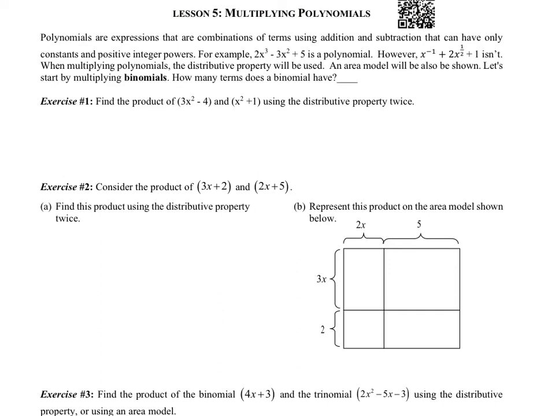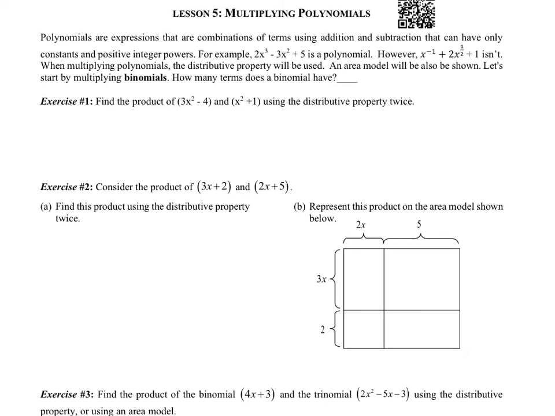So if we now look at our notes for Lesson 5, multiplying polynomials. Polynomials are expressions that are combinations of terms using addition and subtraction that can only have constants and positive integer powers. For example, 2x cubed minus 3x squared plus 5 is a polynomial.